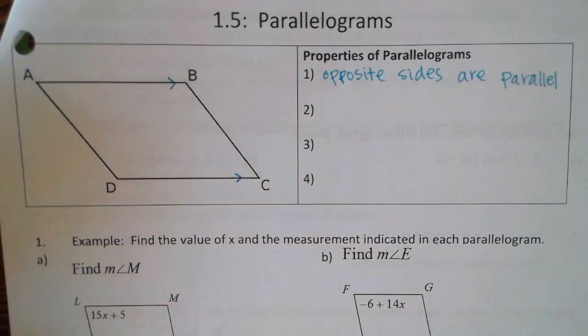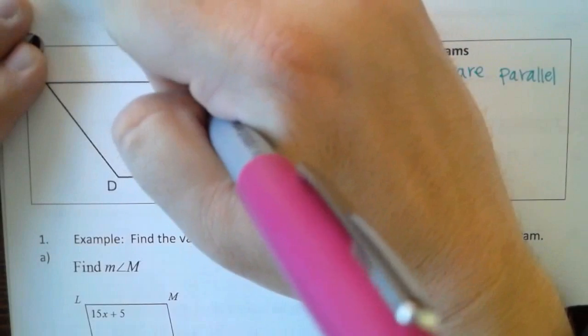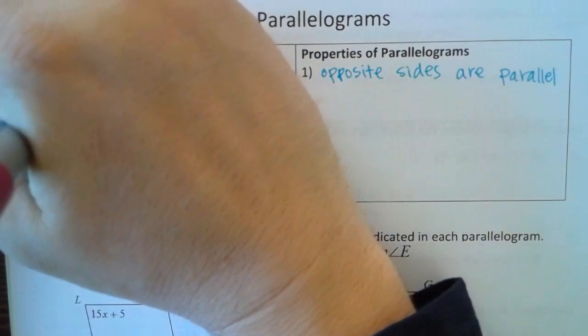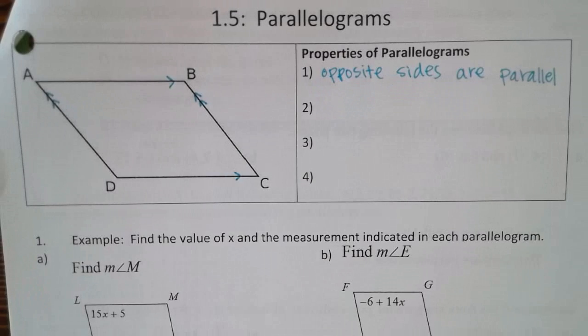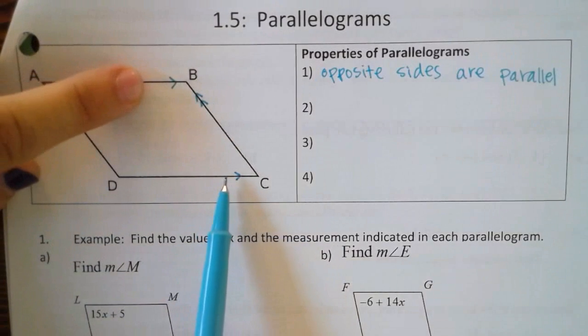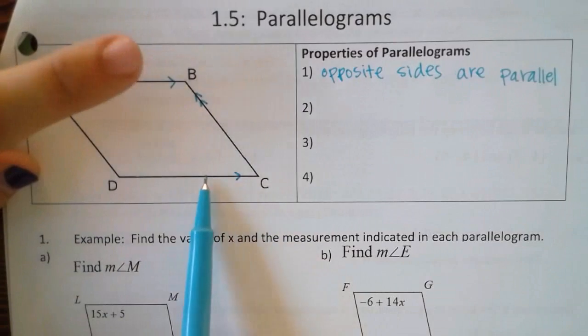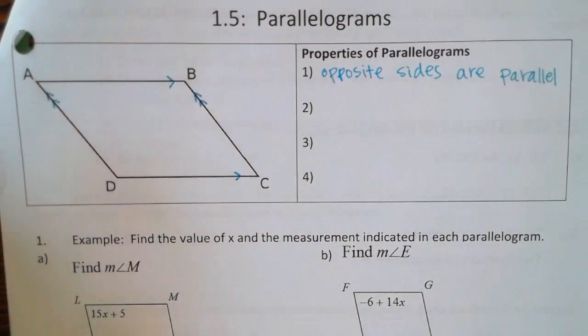Sometimes you'll see one set of triangles, sometimes you'll see 2. Sometimes you could see more than that. But what this means is these both have one little triangle marking. That means AB and CD are parallel.